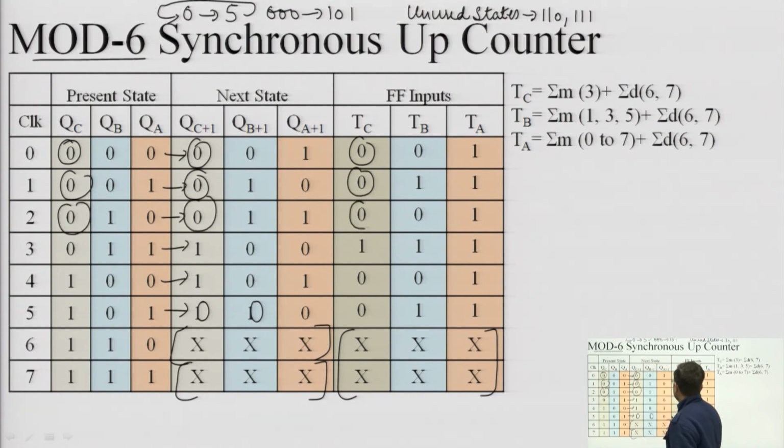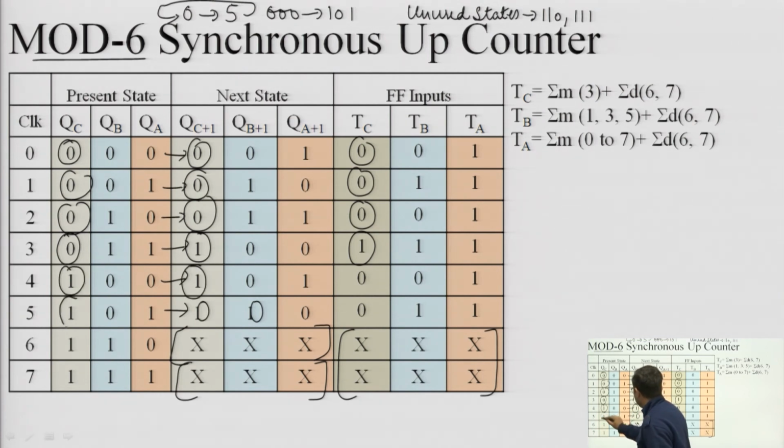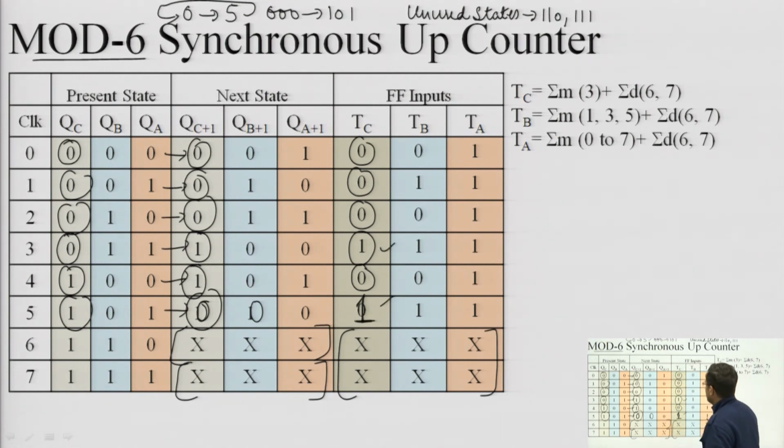Then for 0 and 1, there is a 1. For 1 and 1, I am having a 0, and for 1, 0 I should be having a 1 here. So there are two high terms, which correspond to 3 and 5.